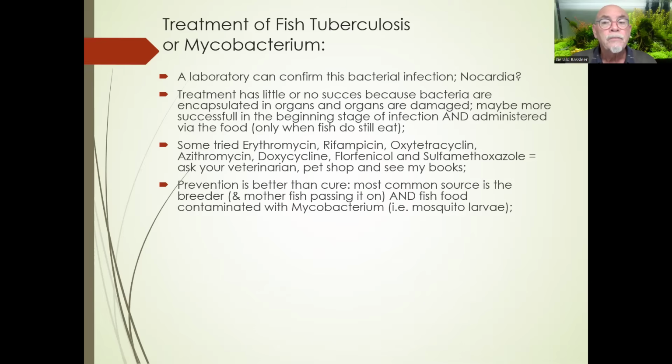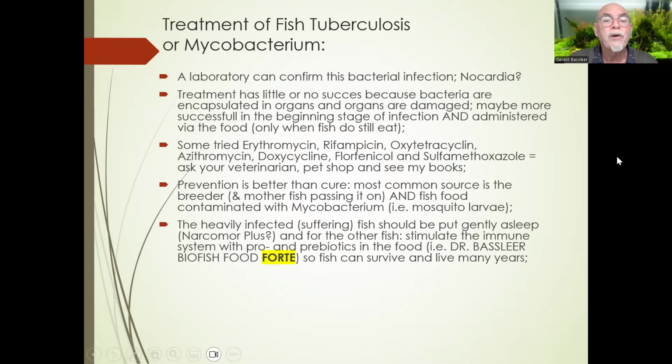And it can also come inside the fish through fish food that is contaminated with mycobacterium, like mosquito larvae, which are known to be prone to being affected with mycobacterium. And the heavily infected fish that are suffering should be put gently to sleep. You can use a medication or a tranquilizer like Narcomor Plus, for example, from Aquarium Münster.